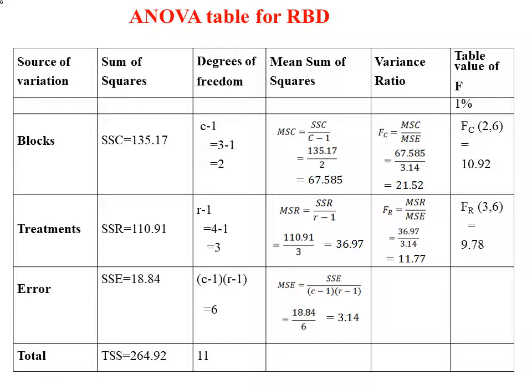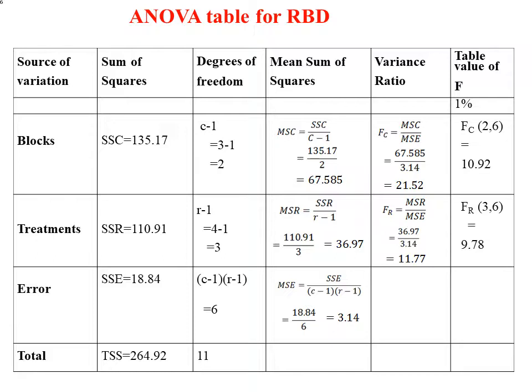So again I am going to conclude this with respect to our own technique. Here the tabular value is 10.92 with respect to column, and with respect to row 9.78. The calculated value for F with respect to C is 21.52, and FR is 11.77.